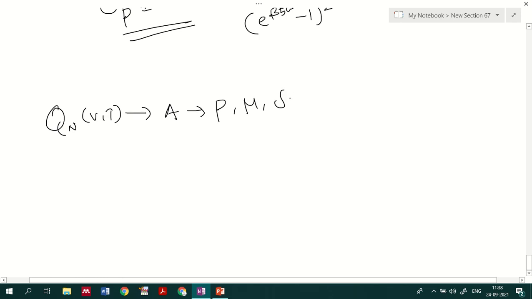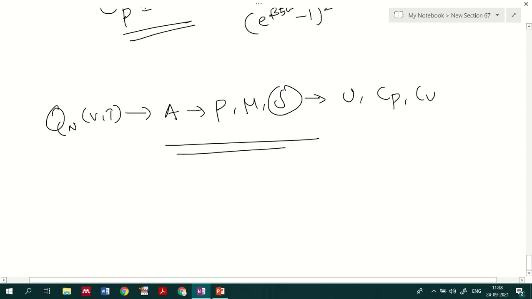Once you know the pressure and entropy, you can find the internal energy, Cp and Cv. So that is the general exercise we have done for the classical ideal gas and harmonic oscillator problems with respect to the canonical ensemble theory representation.